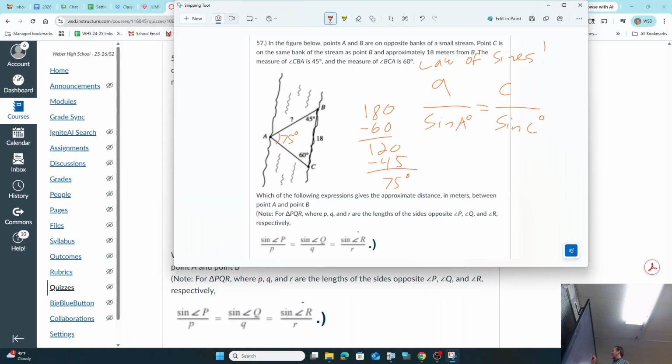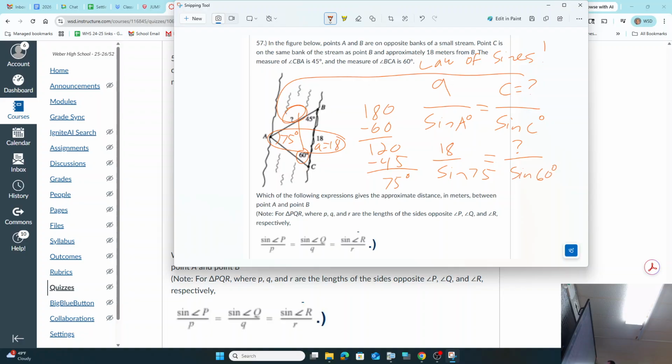So then, let's see here. We have little a, which is 18. So 18 over sine of its angle, which is 75, is equal to, we don't know, little c. That's the question mark, over sine of its opposite angle, which is 60.